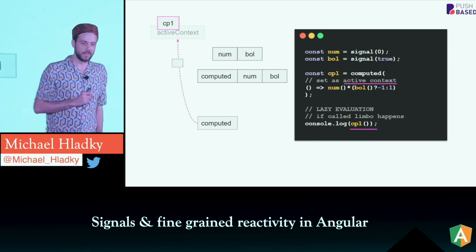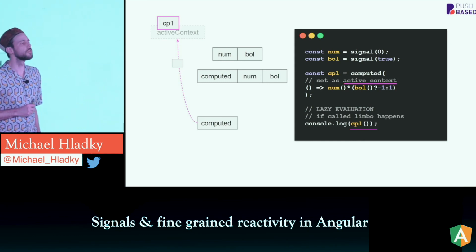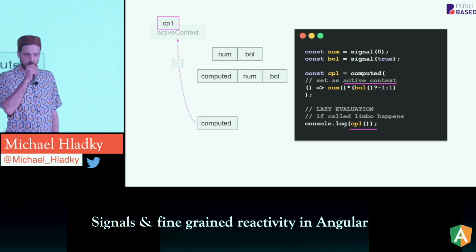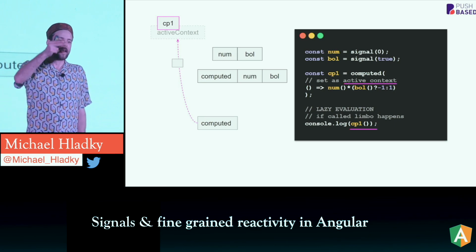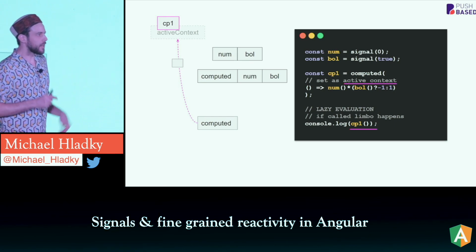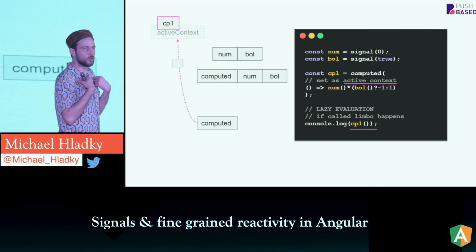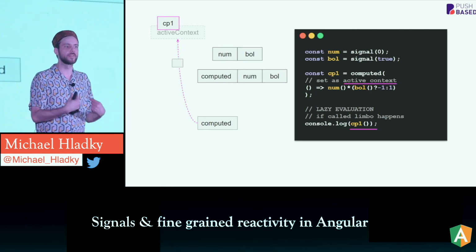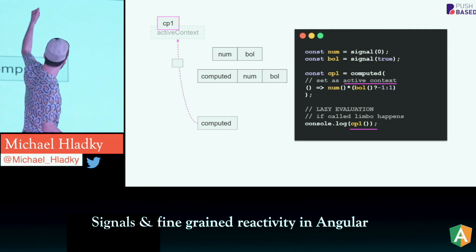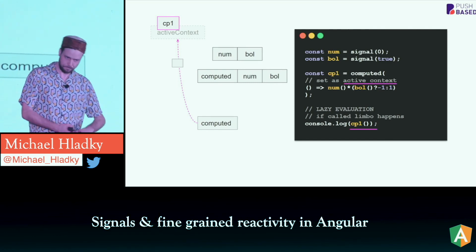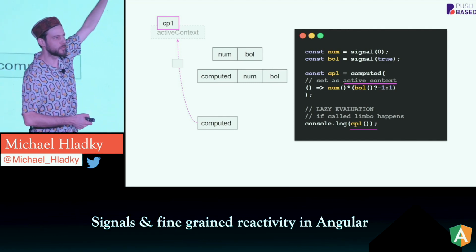If I use it, if I call that computed the first time, the following happens. Same as with an effect, before I run the computation, I say as a computed, I am now the active context. I move myself into this global variable and place a reference to me there.